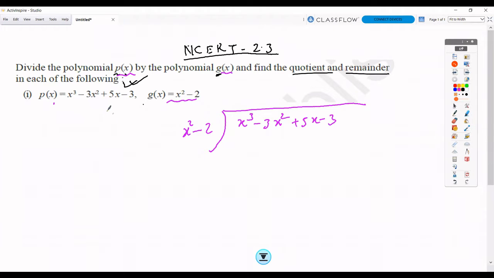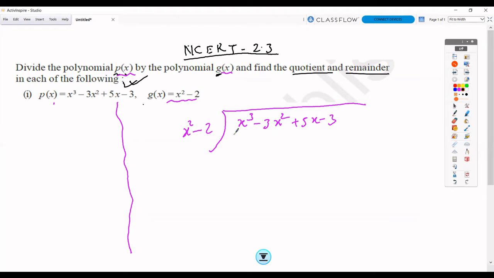A rough area we will make for the first few questions. For the rest of the questions, we are not supposed to always do the rough area. We will find our way to directly get the answer. But previously, for the first 1 or 2 questions, we are supposed to have a little bit of step-by-step solution. So the first step is what?